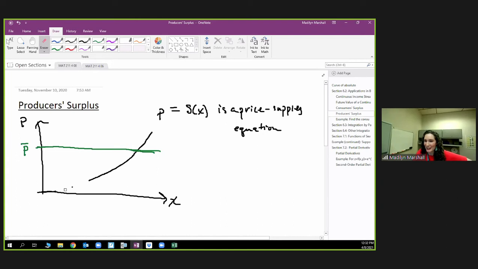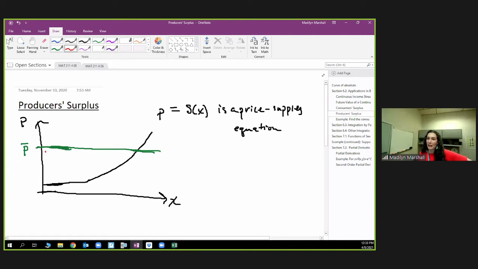Just fix that real quick. Okay. So now we're selling things at a higher price than we were willing to. The producer is willing to sell stuff for this price down here, but for some reason, consumers are willing to pay this all of a sudden.